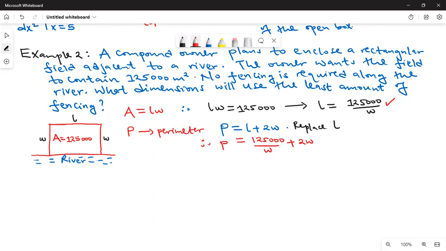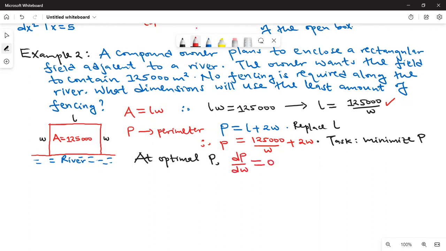So our task is to minimize the perimeter. And what you know is that at optimal perimeter, optimal means maximum or minimum, we know that dP with respect to W should give us 0.